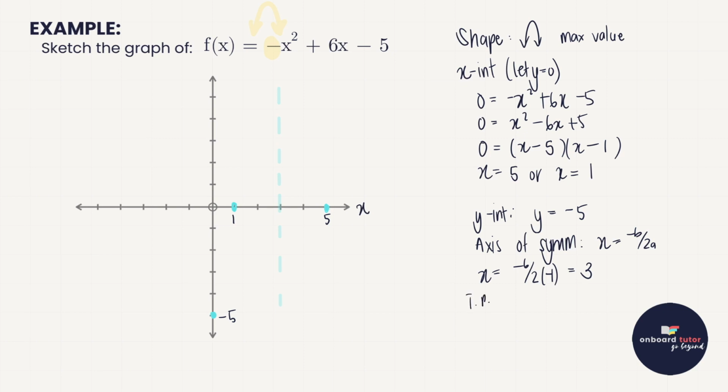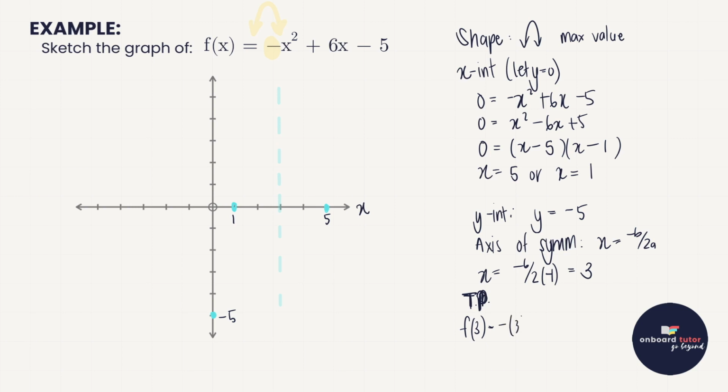So turning point, this equation is not in turning point form. So I can't just read it from the equation, but I can work it out. Because I've got the x-coordinate of this turning point already, I can get the y value by saying, what is the function equal to when x is equal to 3?